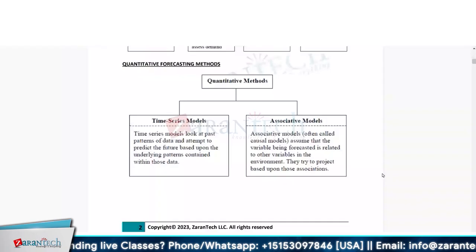Okay, now we move on to the next level of forecasting, which is called associative models. This basically talks about one forecast being dependent on, or associated with, another variable. Okay. For example, let's say the demand for a mobile phone. Or, for example, the demand for a battery of a mobile phone is dependent on the demand for the mobile phone.